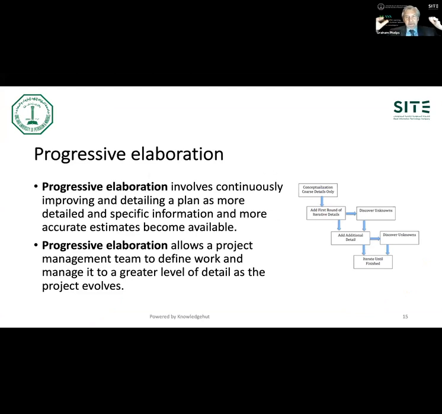And every level that goes down, you can think of them as phases, you discover more about what is required and more about some of the problems too. So, this progressive elaboration allows a project management team to really define work and manage it to a much greater level of detail as the project evolves.